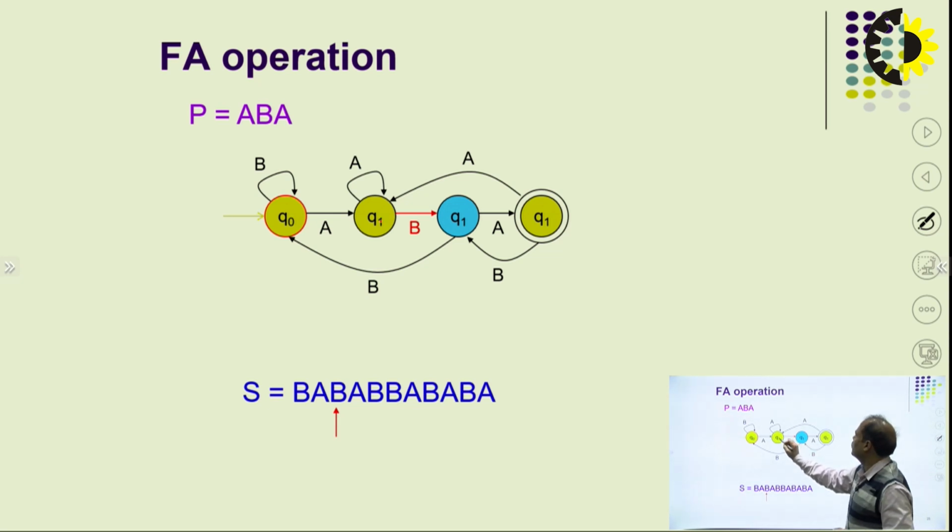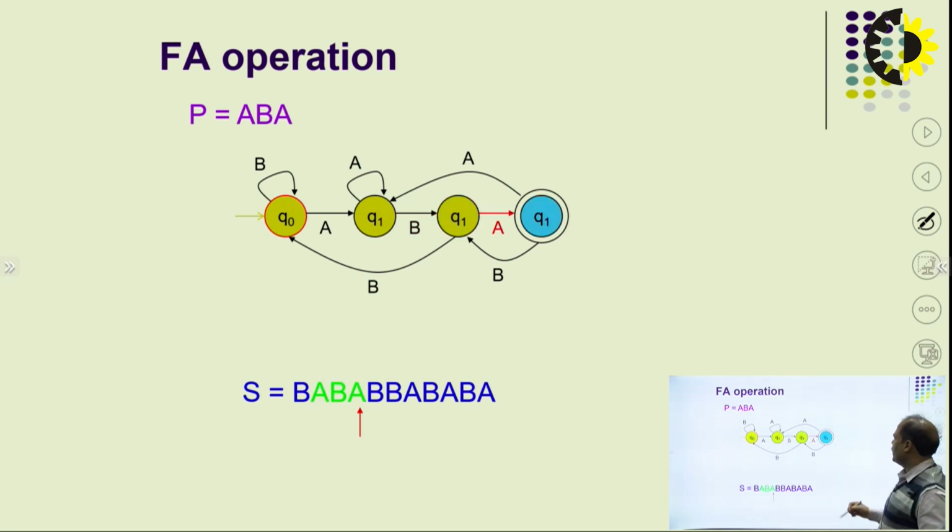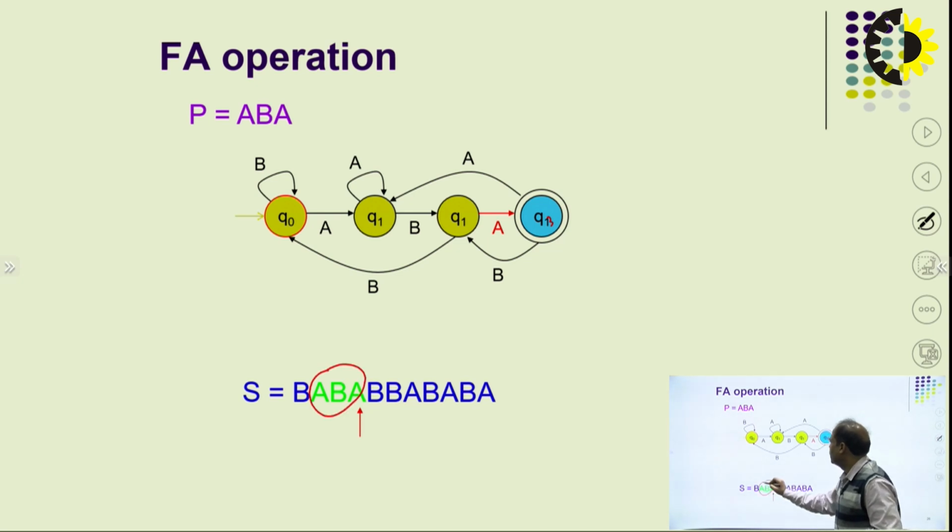Let's say Q0, Q1, Q2 and then Q3. Then again on A we reach the final state, Q3. That means this ABA is a match.